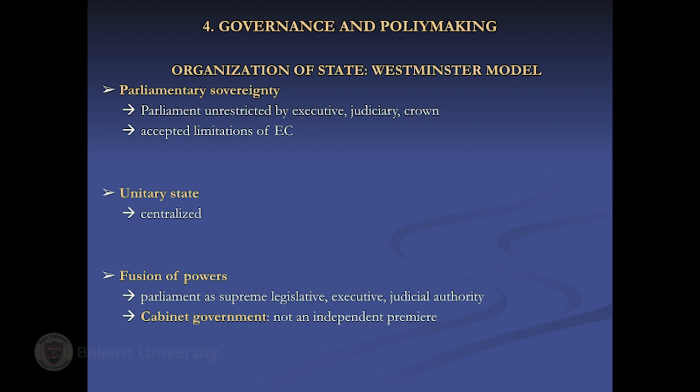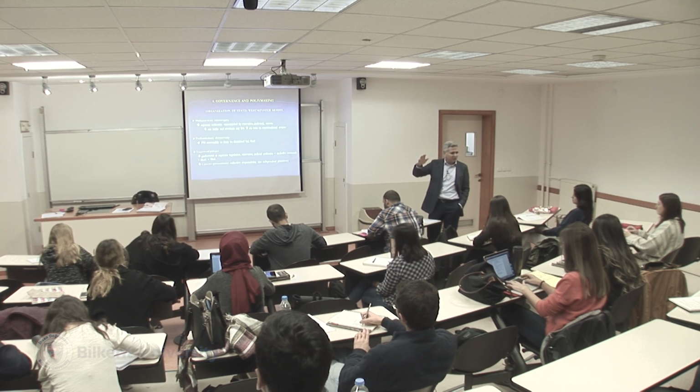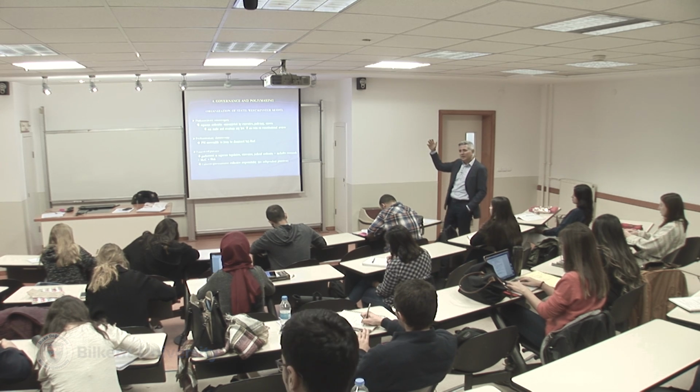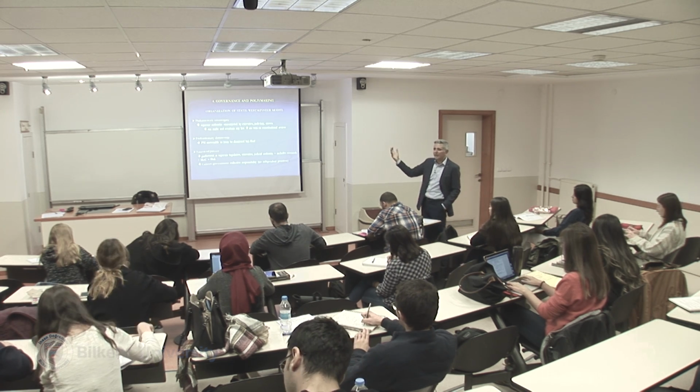So there is no constitutional review possible in this system. It is not restricted by the crown because the crown does not have a say like, I veto this. So the crown does not act as a veto player in the system.